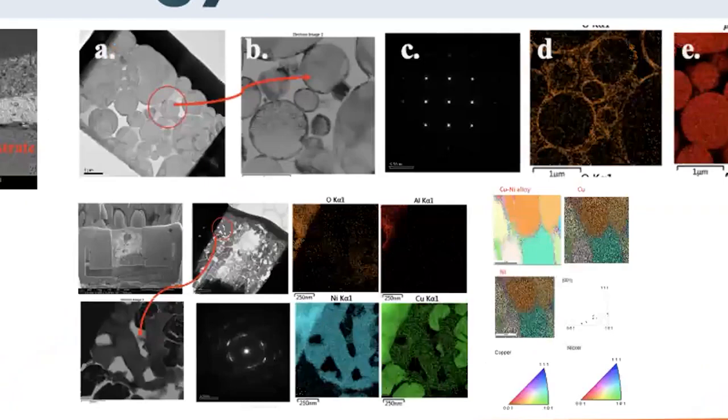So for the morphology, here we can see from 600 degrees Celsius sintering an OM of the copper nickel with the aluminum layer. We can see that in either 600 or 900 degrees Celsius sintering, the oxygen layer can only be seen on the aluminum layer and does not penetrate further into the copper and nickel.